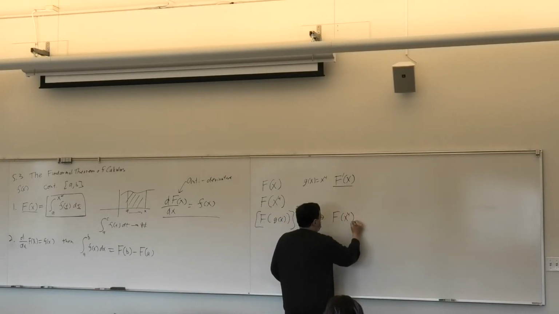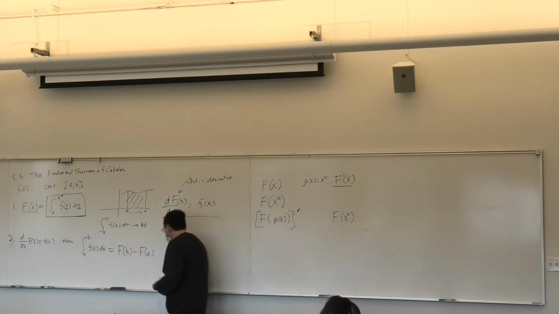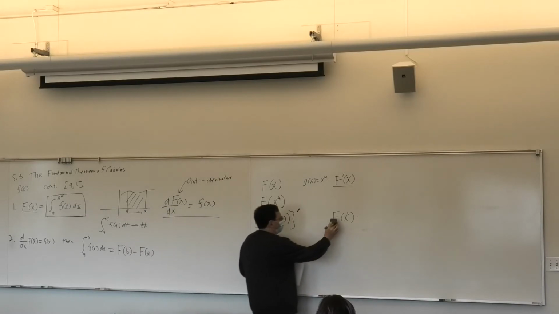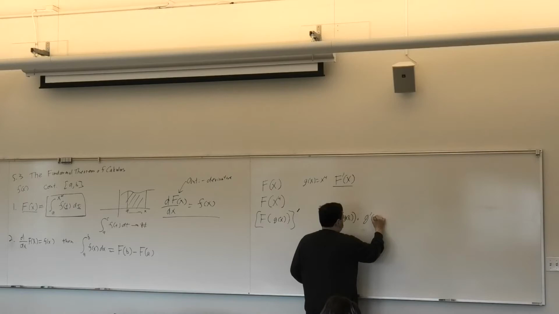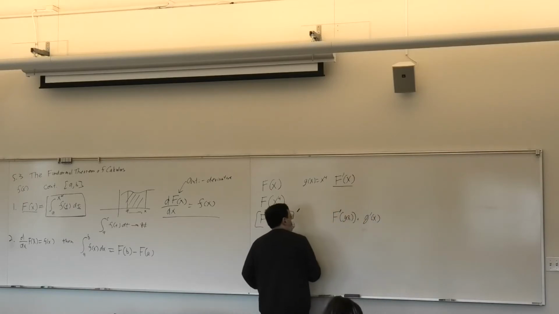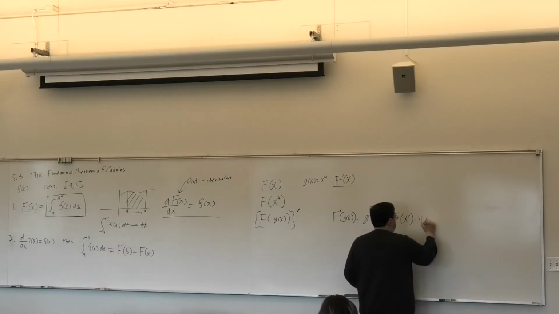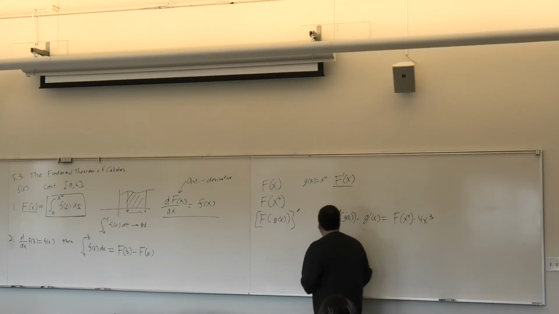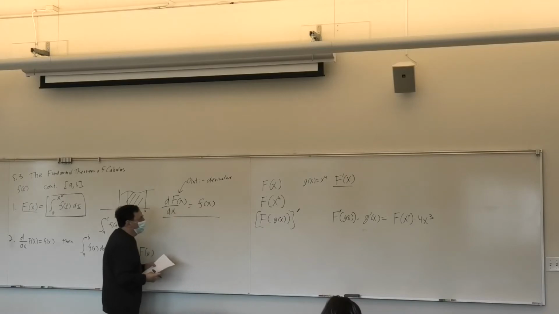This is just f prime of g of x, the derivative of f at g of x, times g prime of x. Well, what would that be? It would be f prime of x to the fourth times 4x cubed. All right, nothing new here. I'm just applying the chain rule.